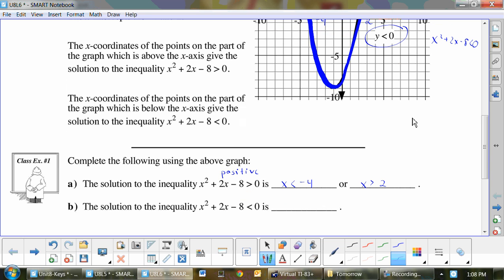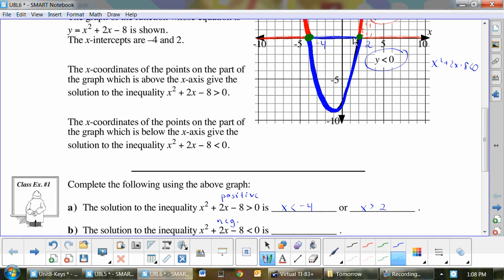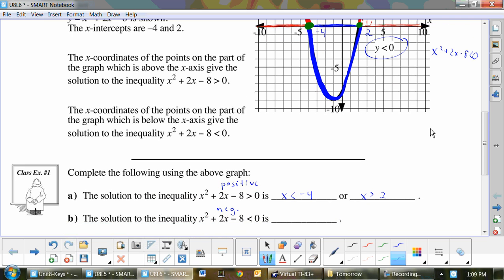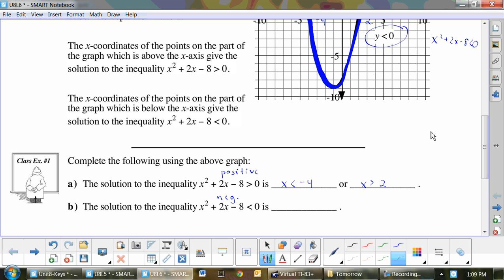The opposite, the solution to the inequality being negative, below 0, happens when x is between -4 and 2, so x is greater than -4 and less than 2.